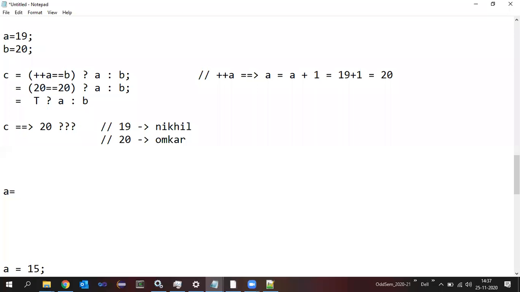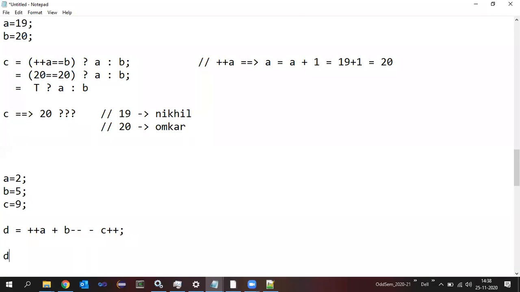Say A equals 2, B equals 5, C equals 9. Then D equals ++A + B-- - C++. This is the statement.